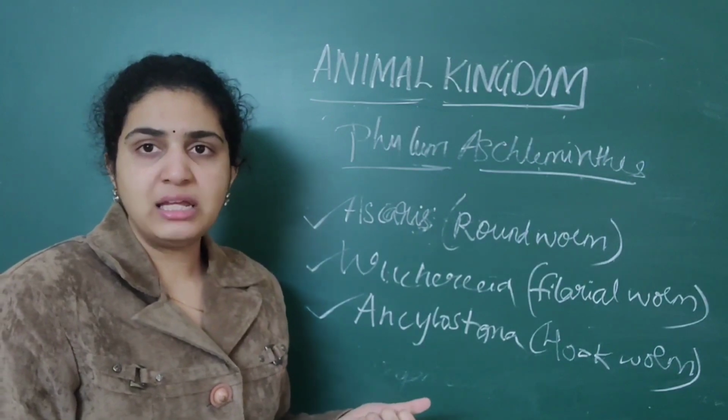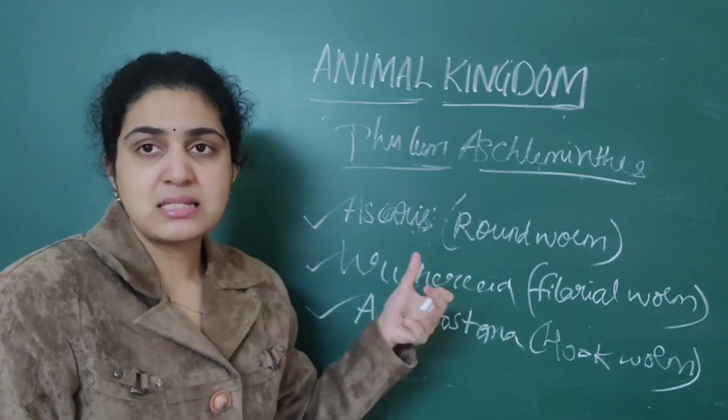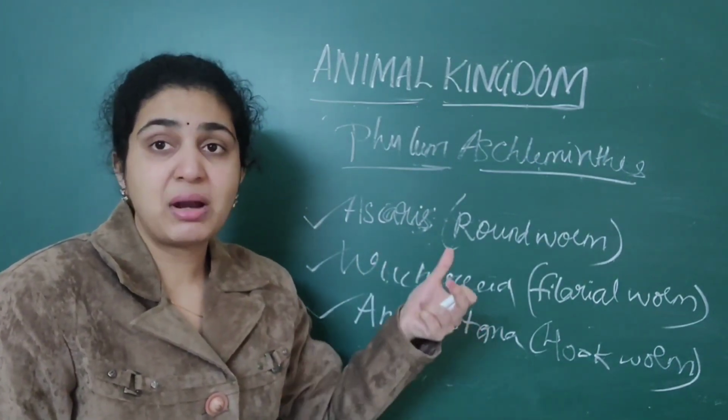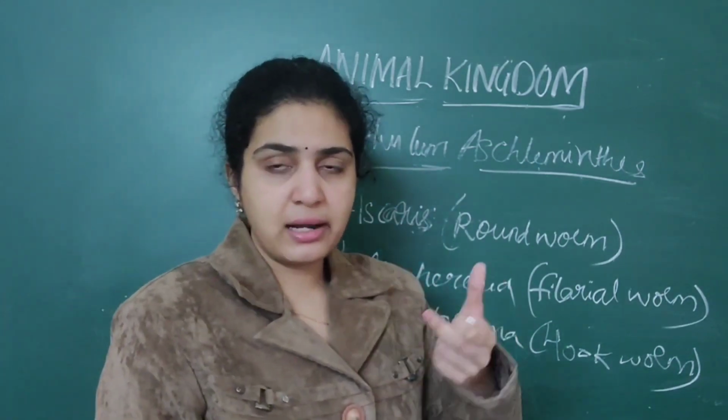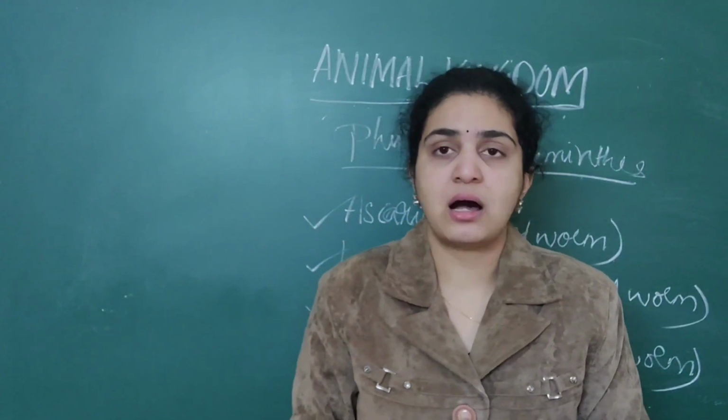Now we are going to deal with another phylum, Echinodermata. We are left with Annelida, Arthropoda and Mollusca, which we will see in the next class.